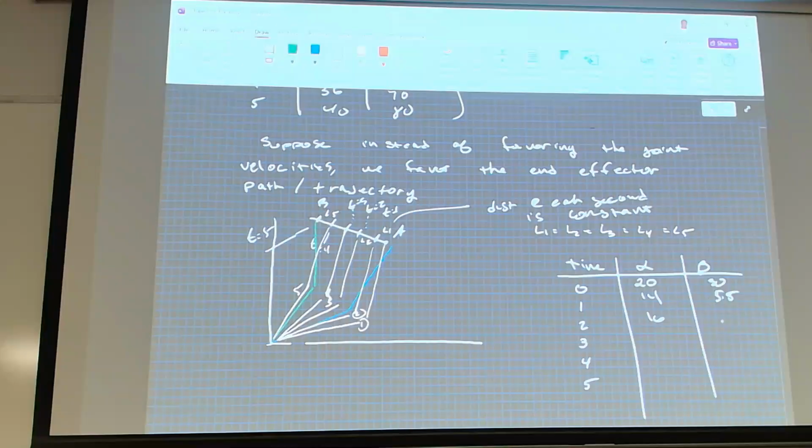Then we go to 69 degrees. And then we're going to have 21. And that's going to result in 77 degrees, 29. And that's going to be 81. And then we're going to have 40. So actually this kind of overshoots there. And then our last one will be at 40 degrees and 80 degrees.